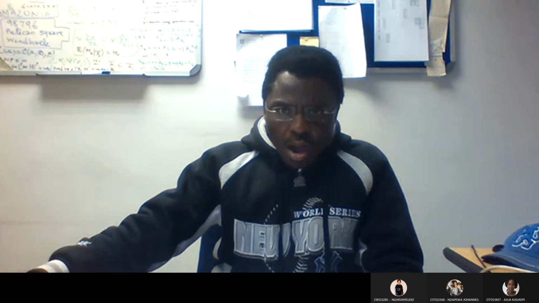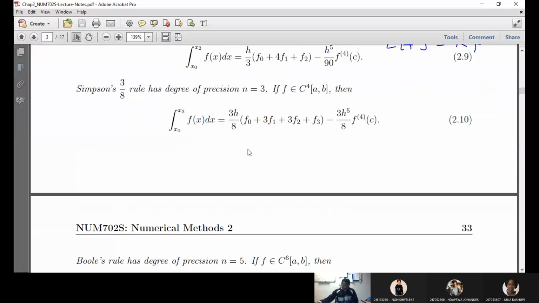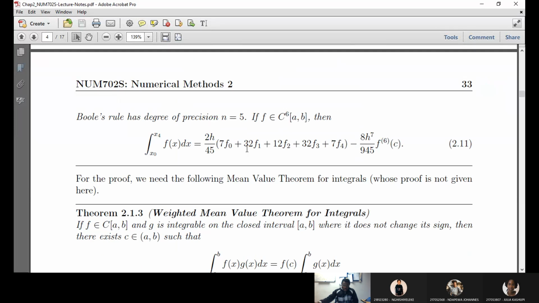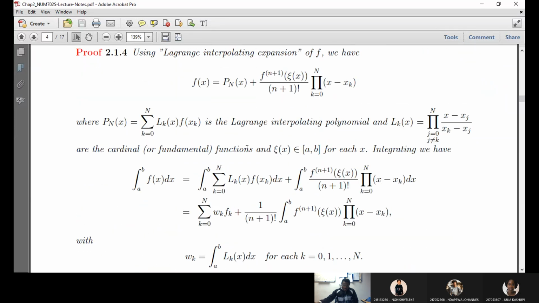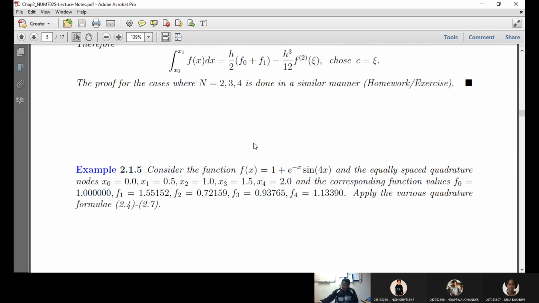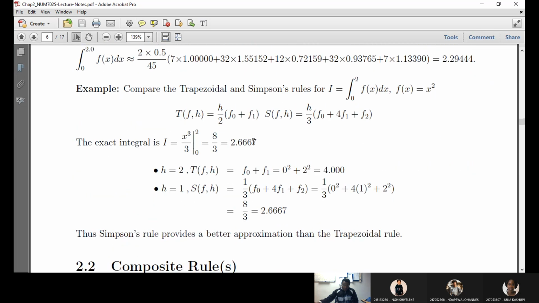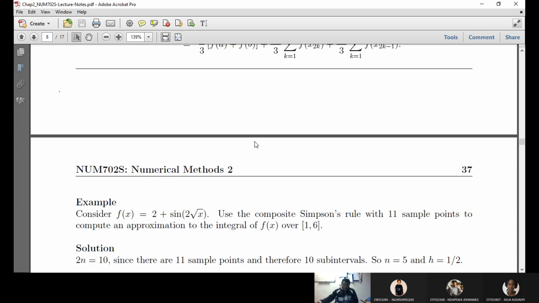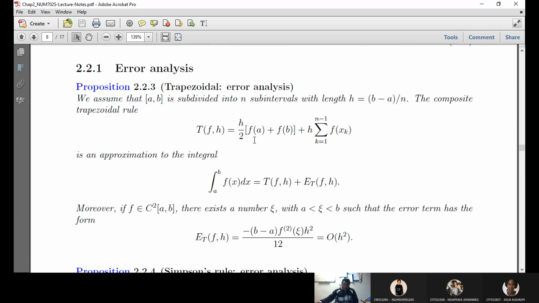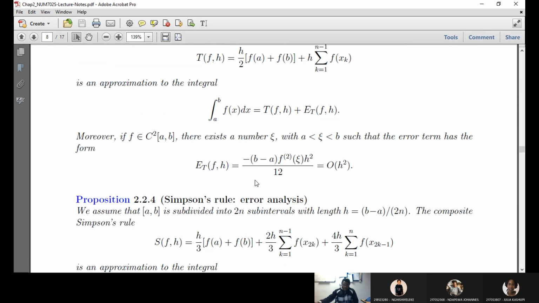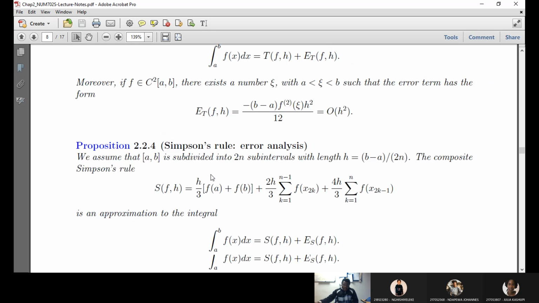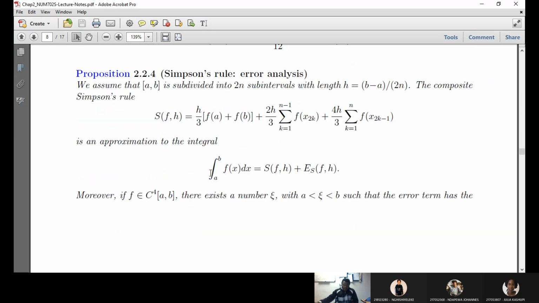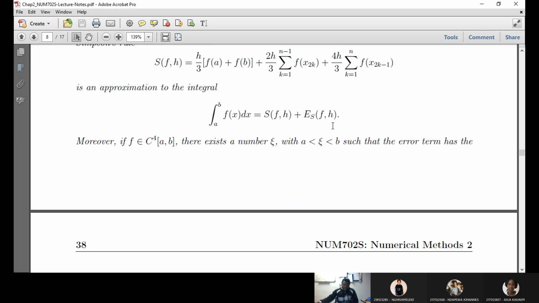Okay, so let's proceed. So the error analysis is there. We have this expression for the Simpson.